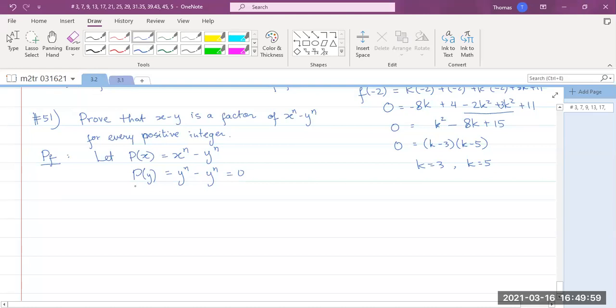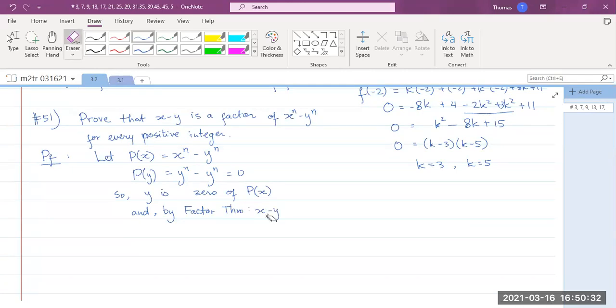Okay, so y is a 0 of p of x, and by factor theorem, x minus y is a factor of p of x.